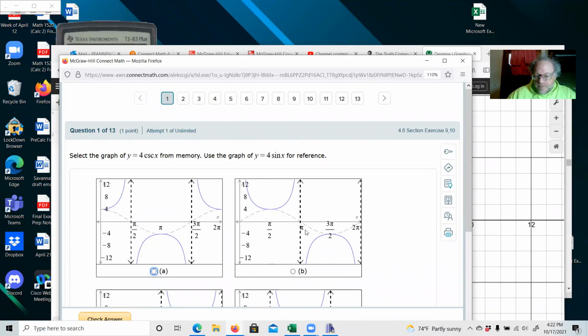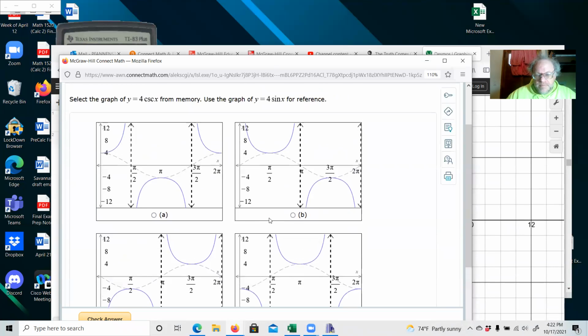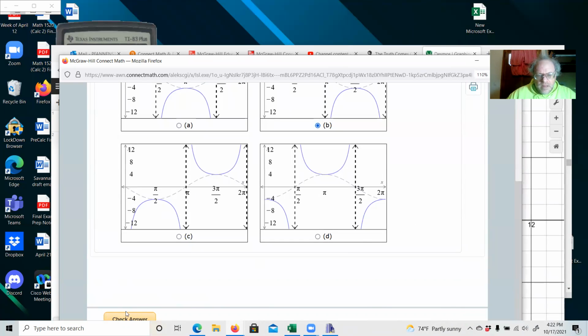Part B, it looks like a positive sine. So I'm going to pick the positive one because I don't have a negative value here, and that's going to be my graph for cosecant. Okay. Check. There we go.